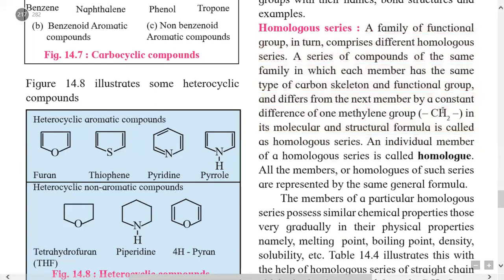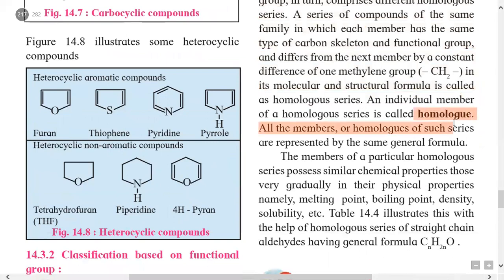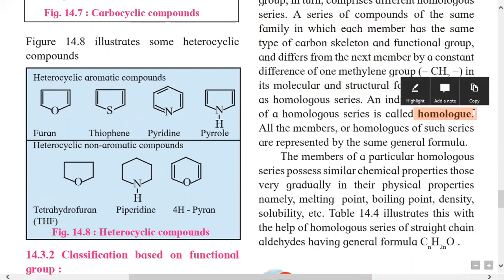Now each member in this homologous series is called a homolog. For example, a very simple example of a homologous series is alkane. Alkanes are a type of open chain organic compound having the general formula CnH2n+2. A very simple example of alkane is methane, having molecular formula CH4.